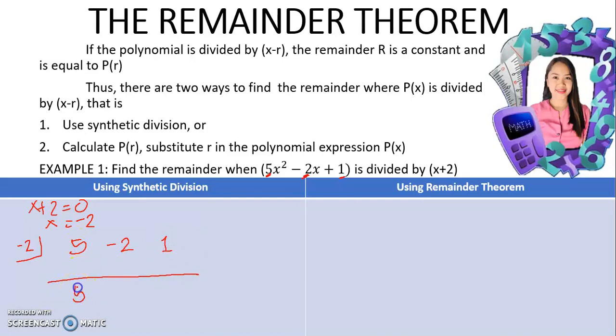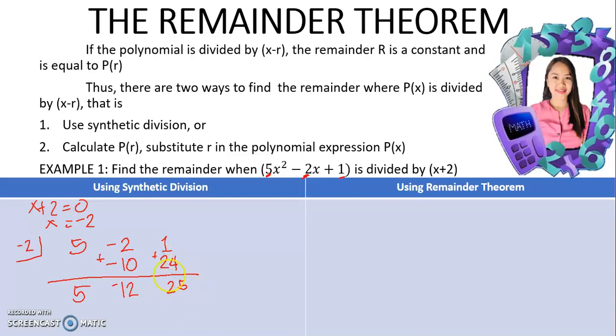Follow the steps in synthetic division. Bring down 5, multiply 5 by negative 2, that is negative 10. Add, this will become negative 12. Multiply negative 12 by negative 2, it will become 24. Add, this will become 25.